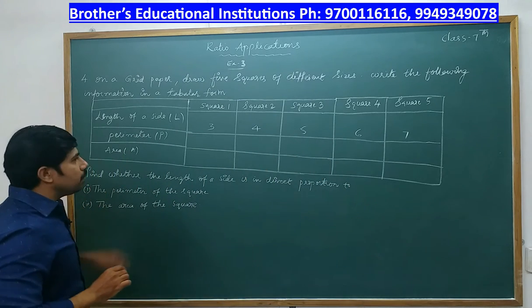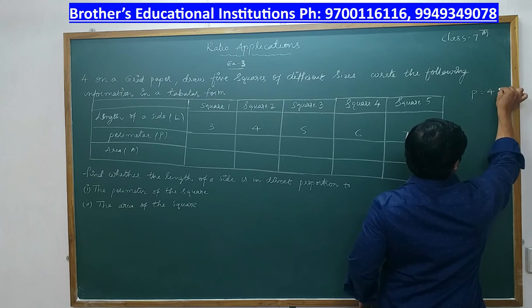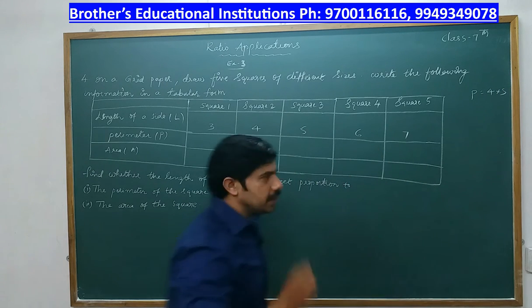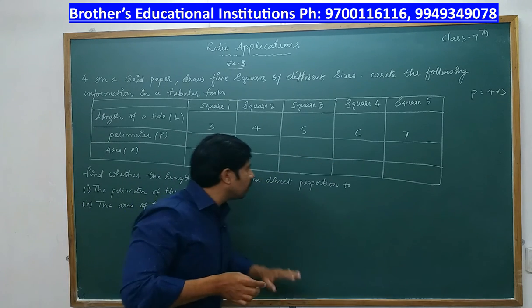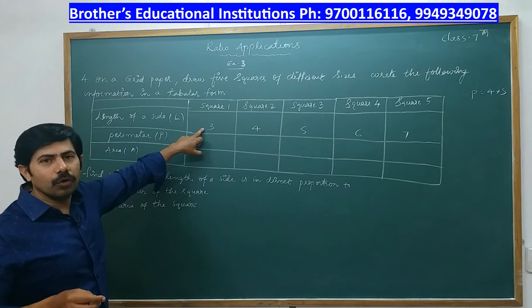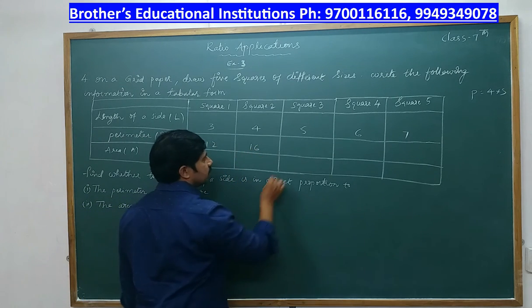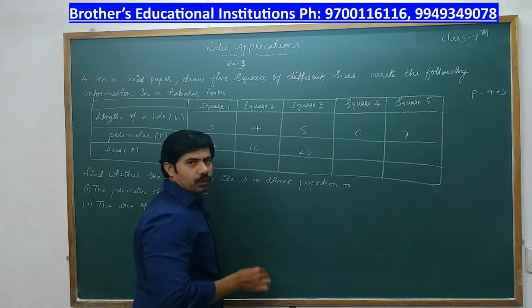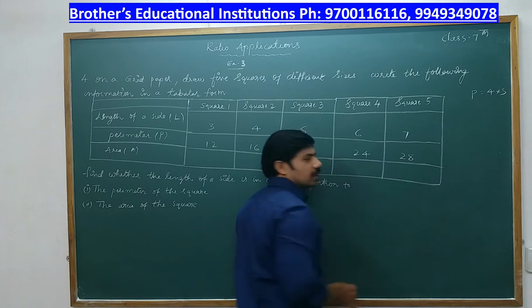Now what is the perimeter of a square? Perimeter of a square is 4 into side. That means to find the perimeter in this tabular column, we multiply the side by 4. 4 3s are 12, 4 4s are 16, 4 5s are 20, 4 6s are 24, 4 7s are 28.